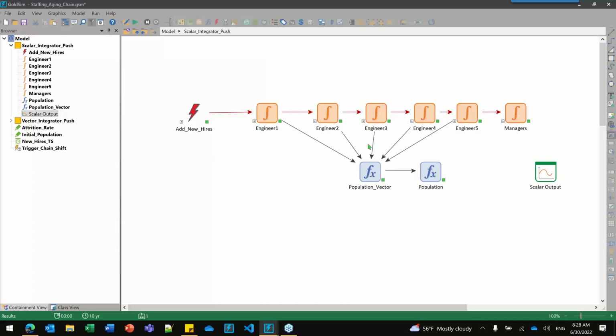So this is a simpler type model, and it's one way to do an aging chain in GoldSim. But now I will open up another model that is essentially going to show you the differences in various methods.